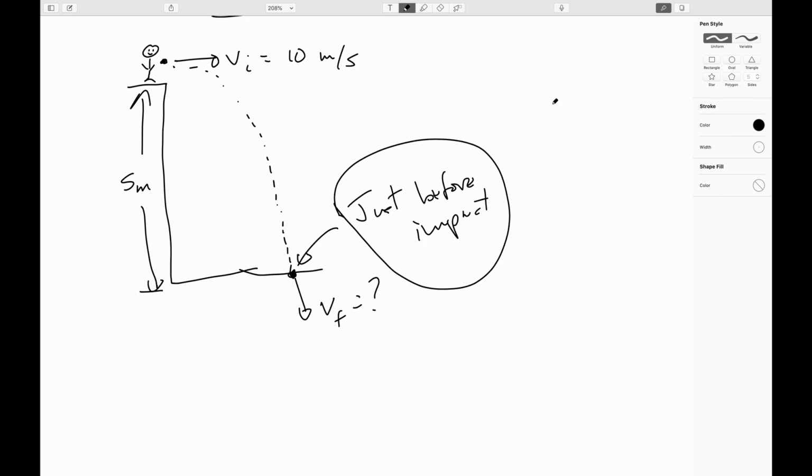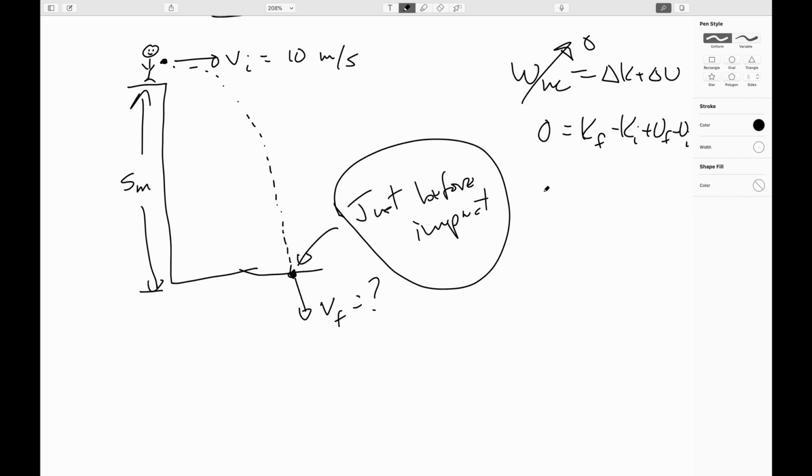Okay, so for a problem like this, we can look and say, all right, the work done by non-conservative forces is equal to the change in kinetic plus the change in potential energy, but there are no non-conservative forces. So what does this mean for us here? Well, this is going to be equal to K final minus K initial plus U final minus U initial.